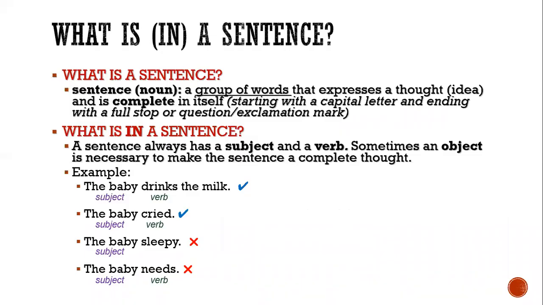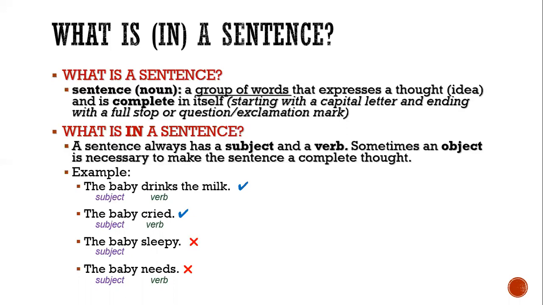I think you can see this clearly now. So what is a sentence? A sentence is a group of words that expresses a thought or an idea and is complete in itself.